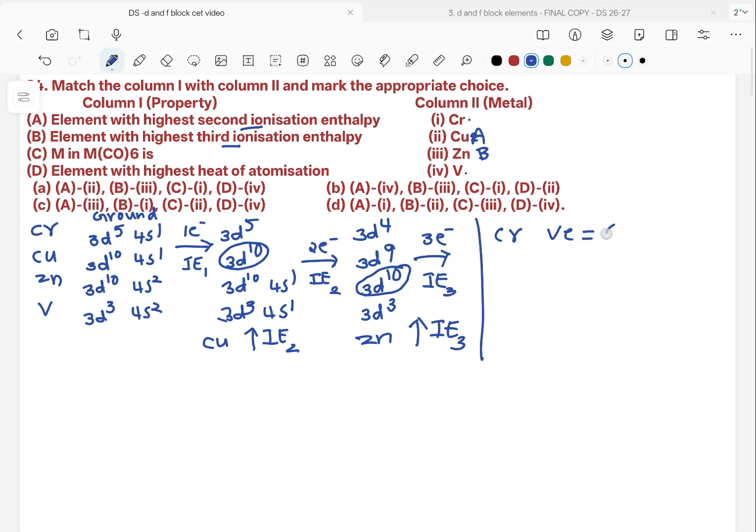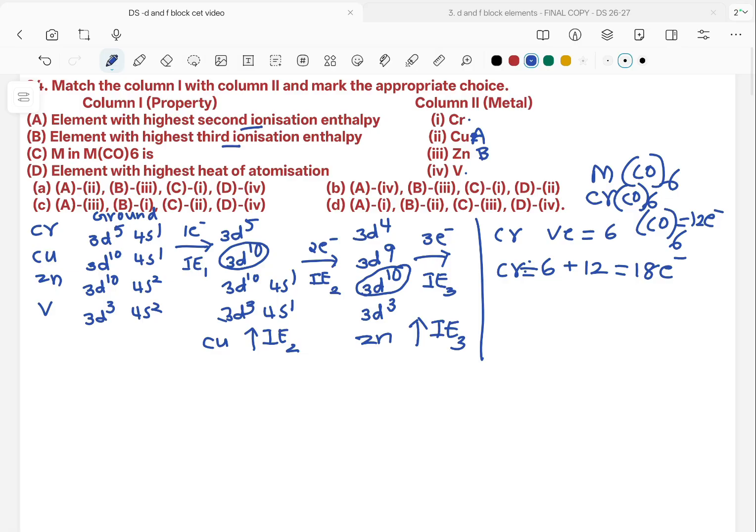If chromium uses its 6 electrons, and 6 carbonyls give 12 electrons, then 6 plus 12 gives you 18 electrons, a stable noble gas configuration. So there are many chances of chromium making a complex with carbonyl like Cr(CO)6.